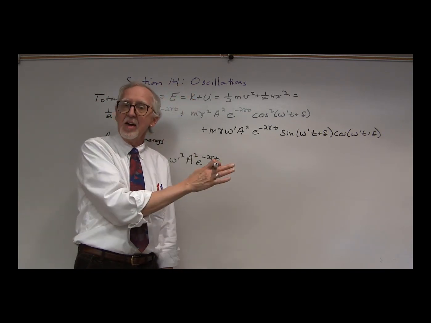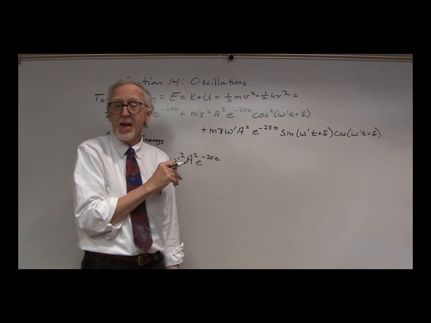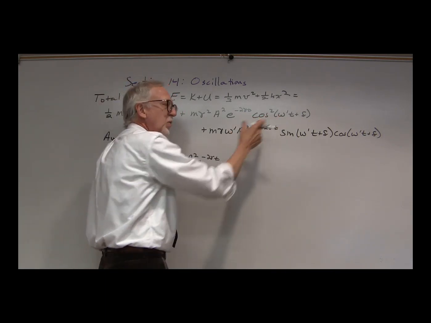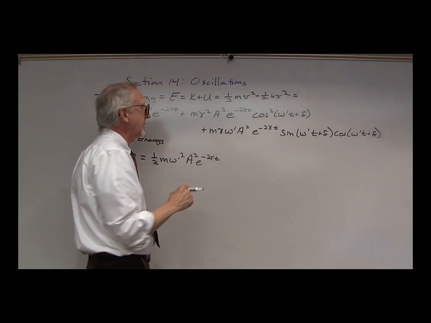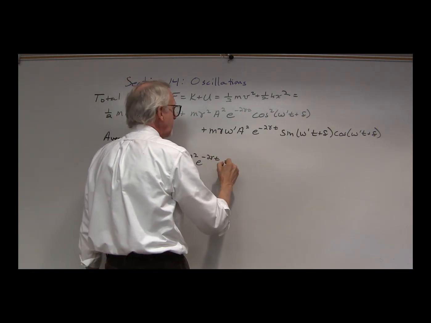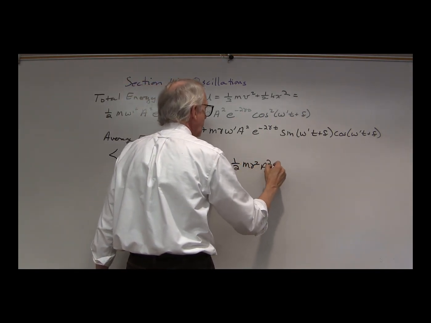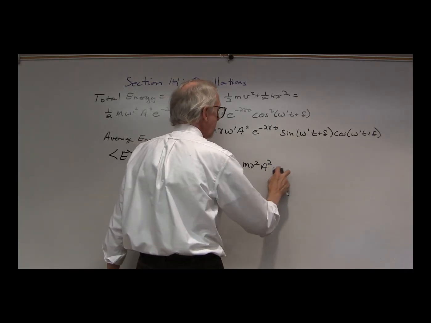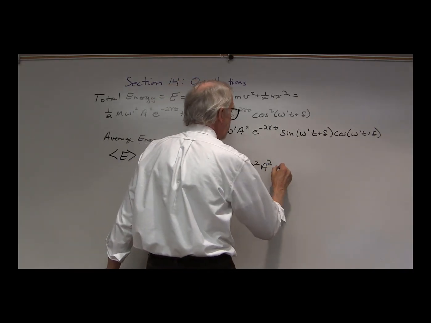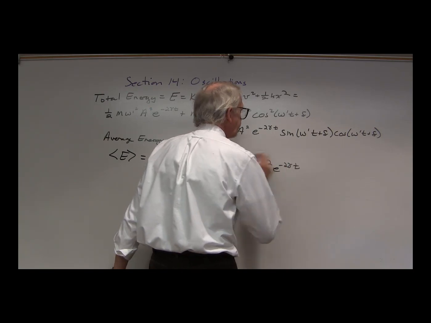So if they add together to give us 1, each must be 1/2. So the average of cos squared, we could guess, and it actually turns out to be correct, to be 1/2. So we end up with a plus 1/2 m gamma squared a squared e to the minus 2 gamma t.